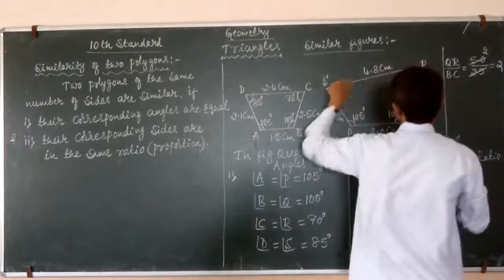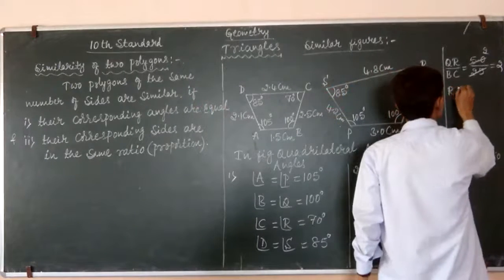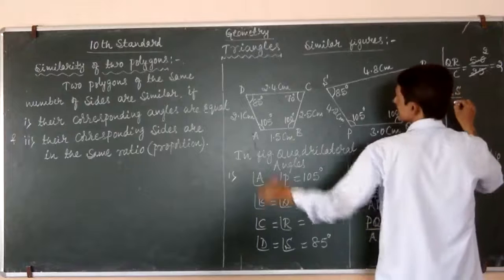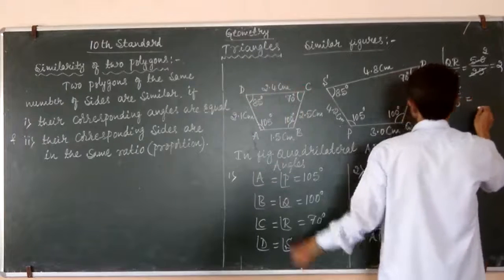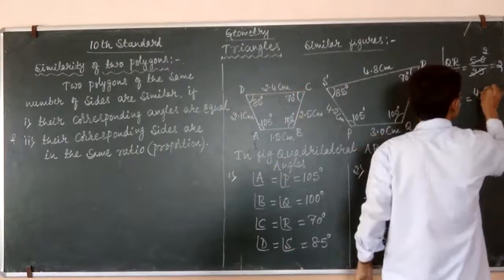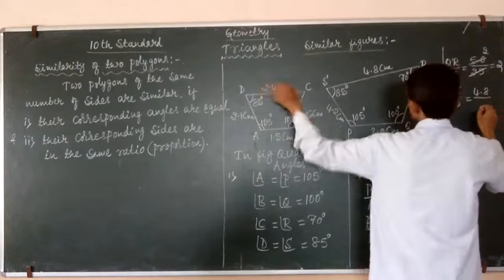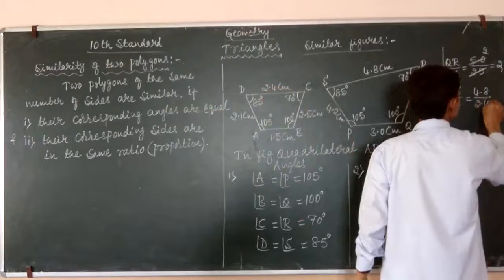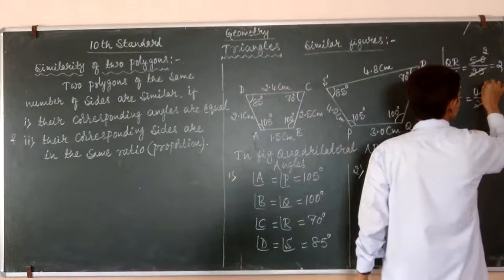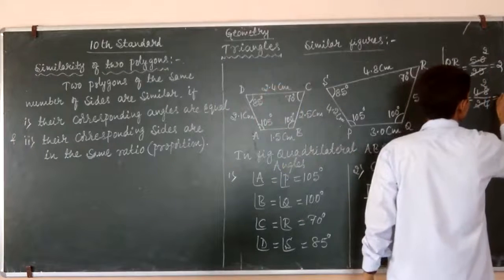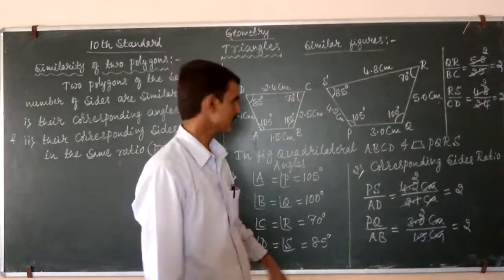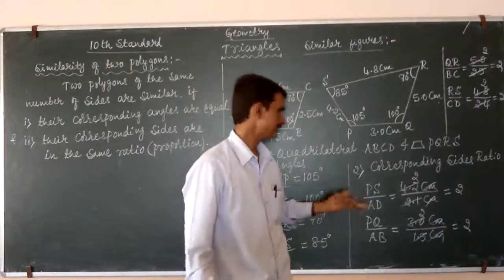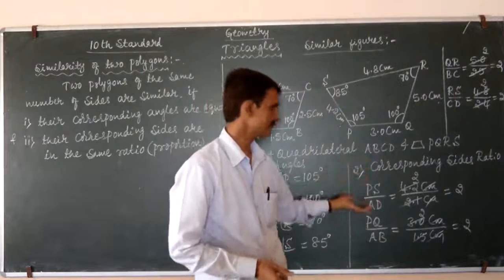And the last one is RS by CD equals 4.8 centimeter by 2.4 centimeter. So here also the ratio is 2. Or you can write AD by PS, you will get 1 by 2.